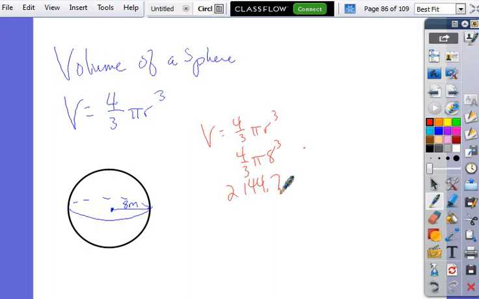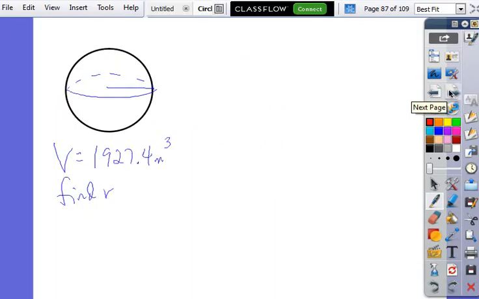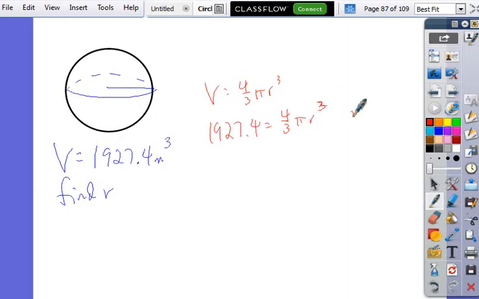All right. If it gives me the volume and then says find the radius or the diameter, I'm going to plug that number in for V. And then what? Divide by 4/3 pi, and we're going to type it in the calculator just like that, a fraction inside of another fraction.